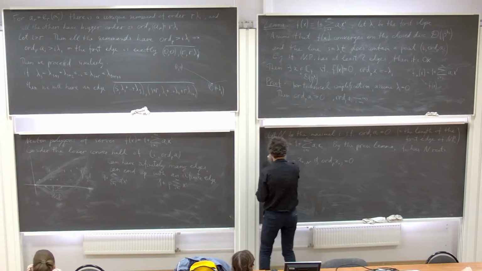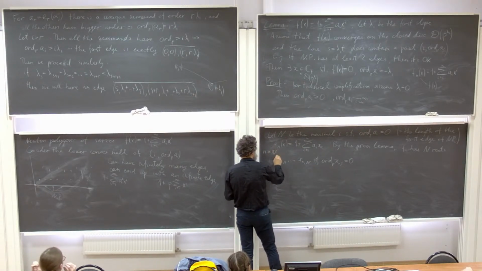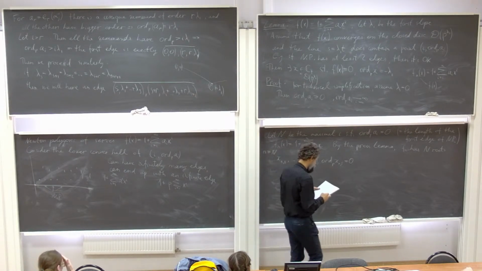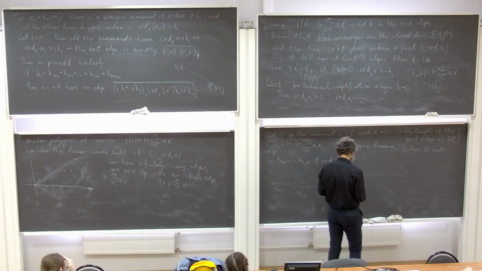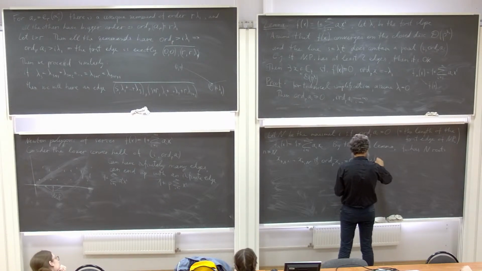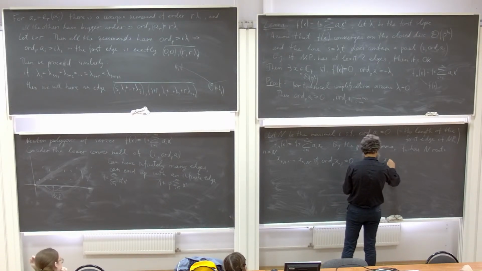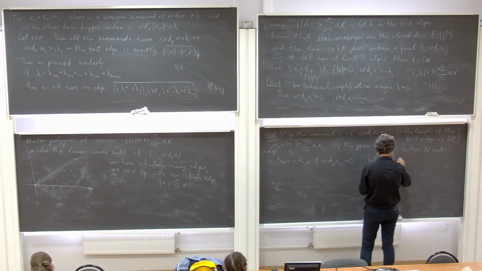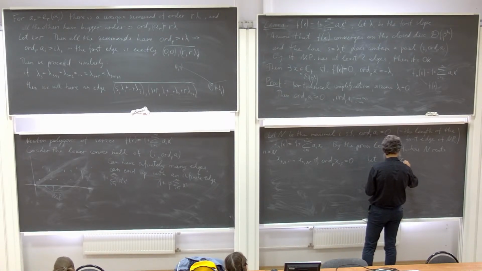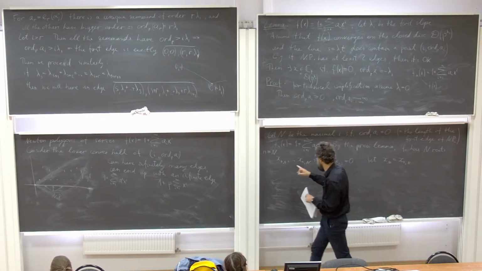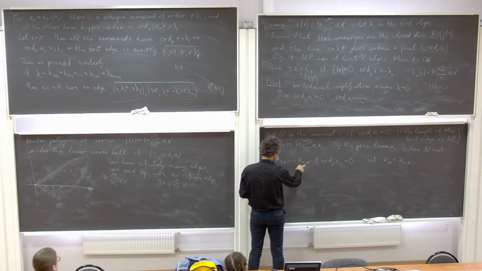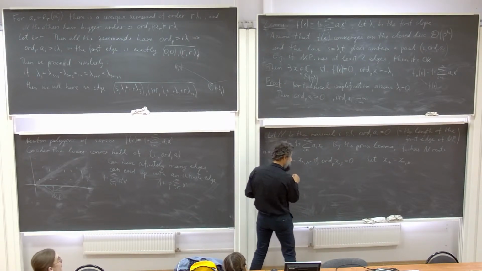Maybe for n bigger than capital N. So set, say, x_N to be x_N1. Just choose randomly one of them.